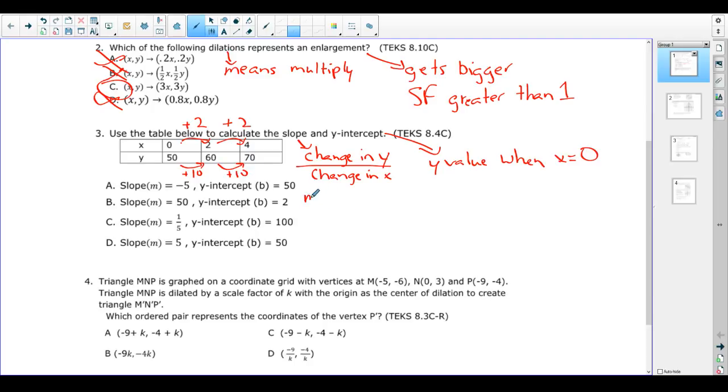So we can say slope, or m, change in y goes on top, so 10 over change in x was 2. 10 over 2 simplifies to 5, and really that just leaves one answer. But just to be sure, our y-intercept is the y value when x equals 0, and here is where x equals 0. When x is 0, y is 50. That's what we've got here. That's a big checkaroony. Answer is D.